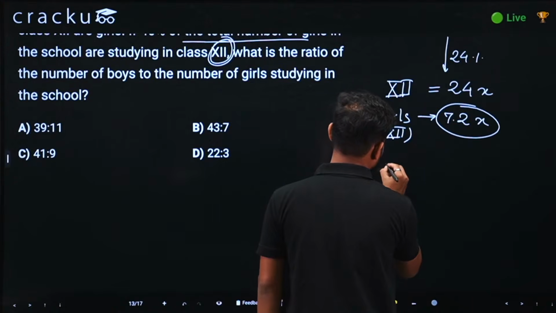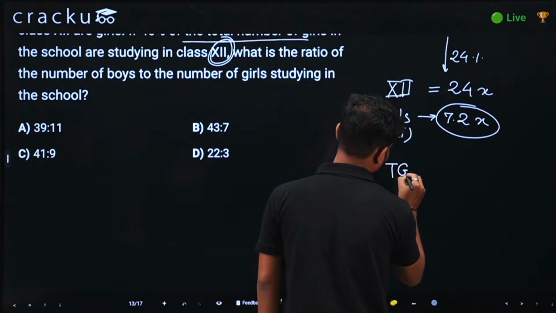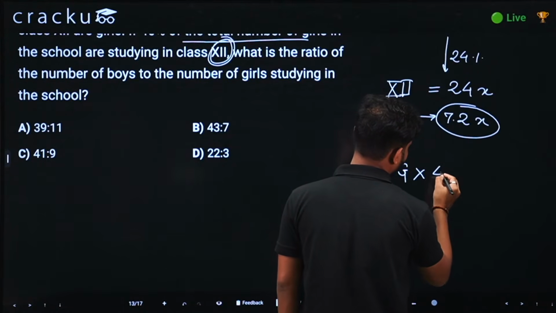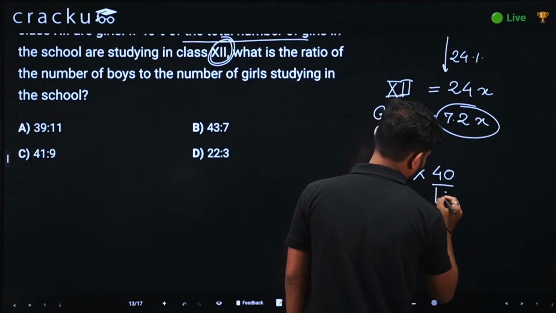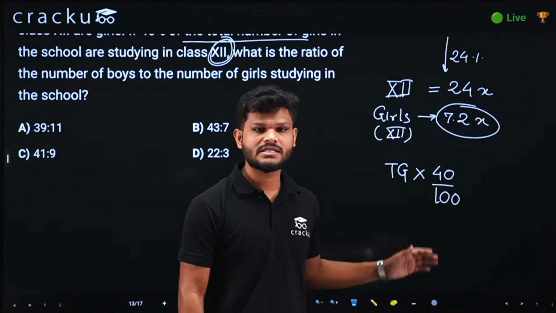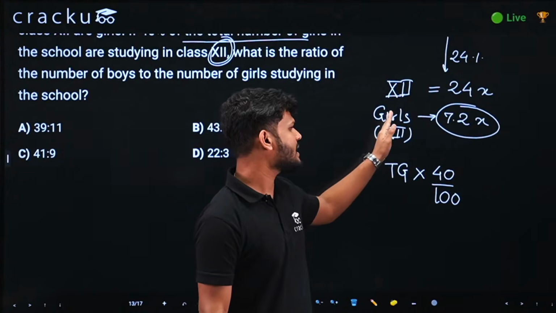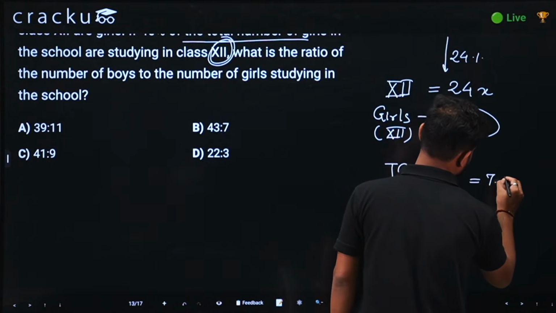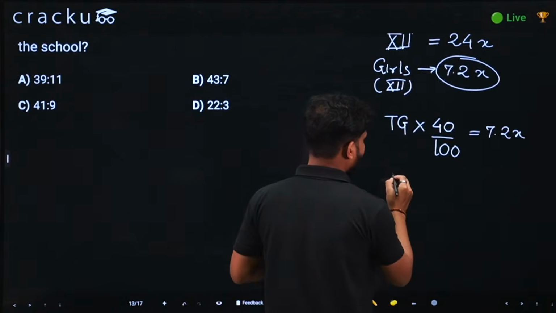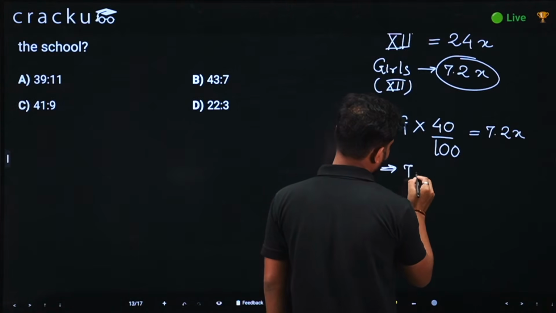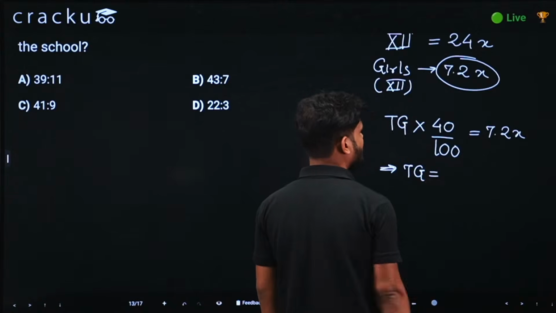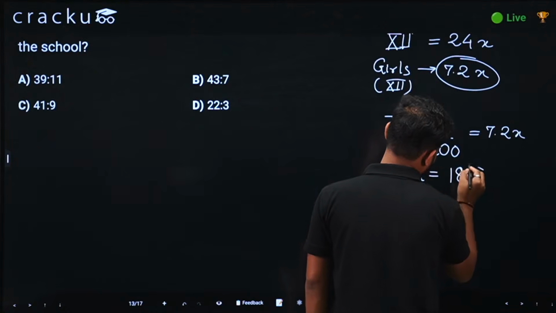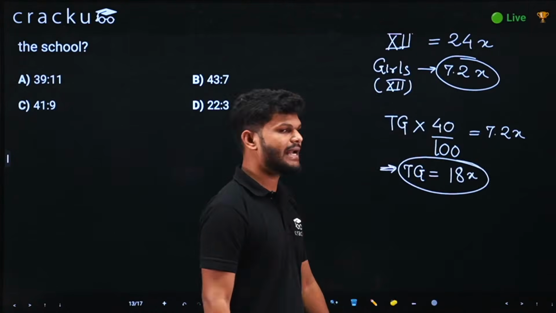We don't know the total, so let us say the total number of girls is TG. 40 by 100 of TG equals the number of girls in class 12, which is 7.2x. From here you will get the total number of girls as 18x. So the total number of girls in the school is 18x.